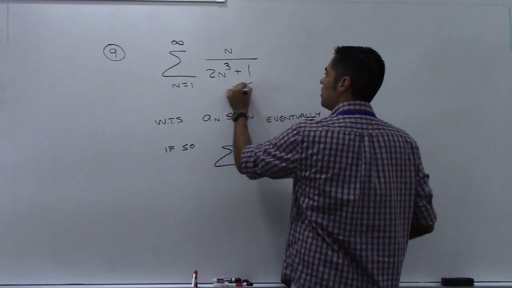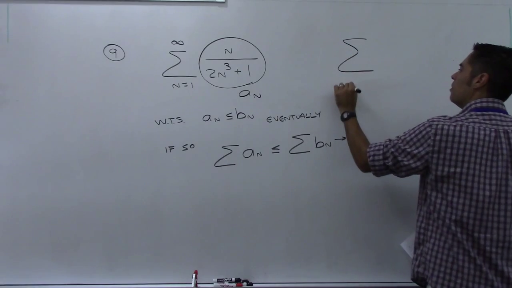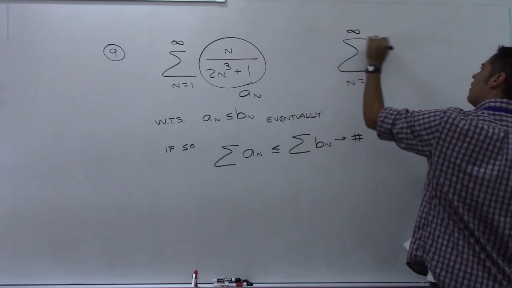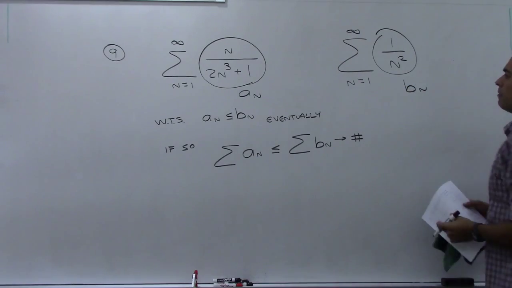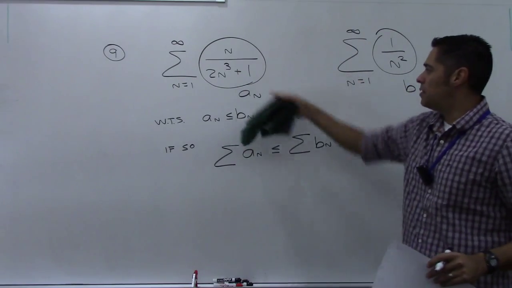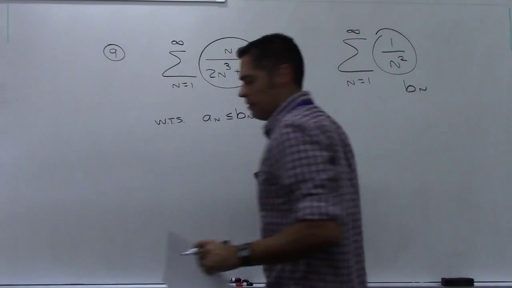Now a sub n for me is this. Remember the one I'm comparing it to is this. So this is my b sub n. So I want to compare those two sequences and show that inequality is true. So let me go ahead and write that down.